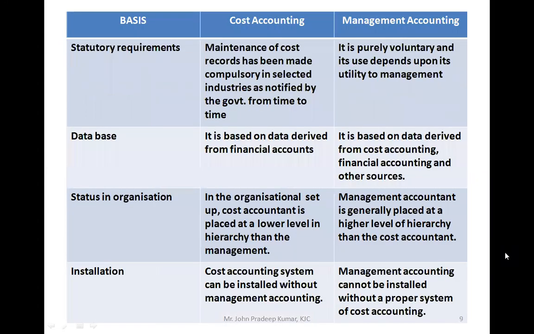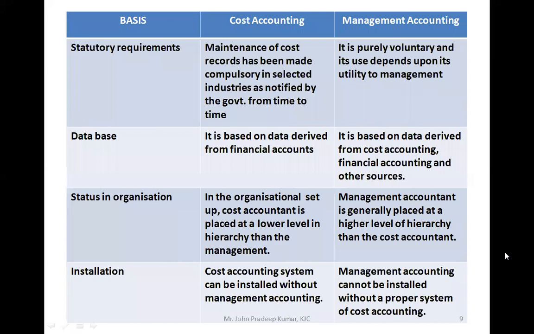As per the requirement of the government, cost accounting is mandatory, but management accounting is purely voluntary. It is not mandatory for all companies to prepare. And the database will be derived from financial accounting. So how are we going to prepare cost accounting?